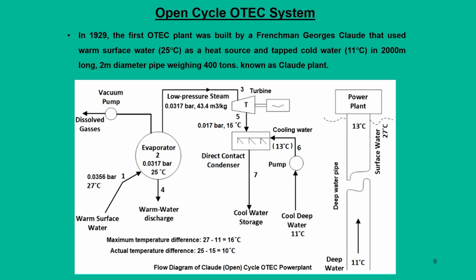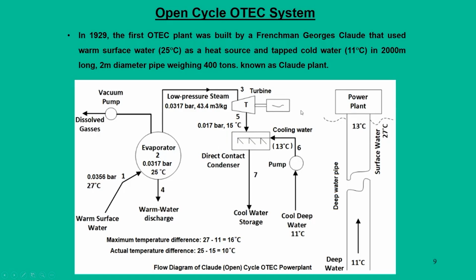Because we are using only a single working fluid, and the cycle is open because the entry of fluid into this system and the exit of the fluid out of the system is the same, and in this case it is nothing but ocean water. In one case we have warm water inlet, in the other case it is the deep water outlet.